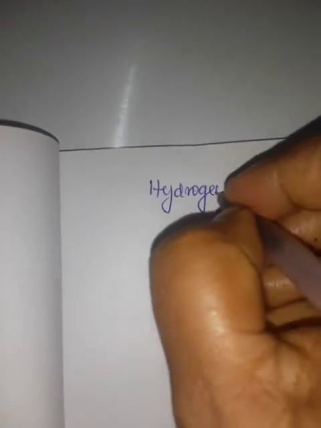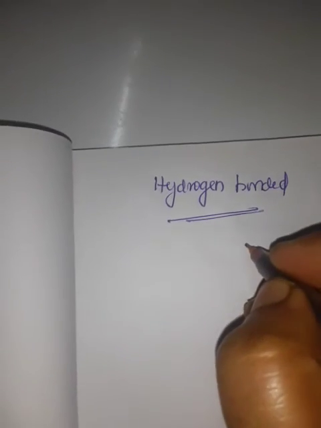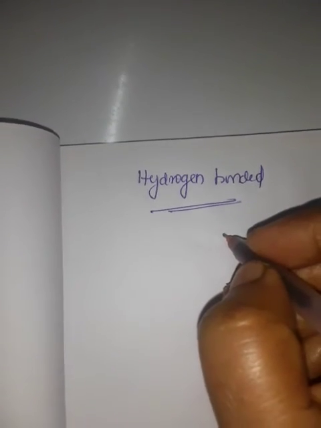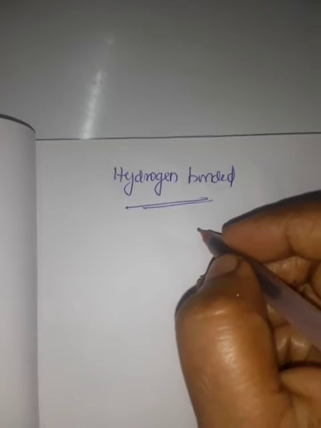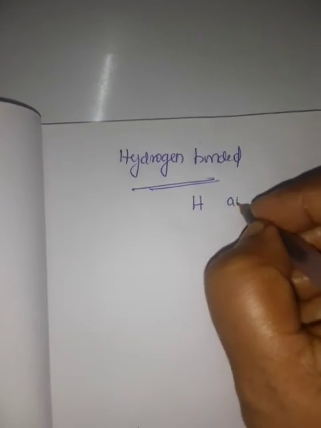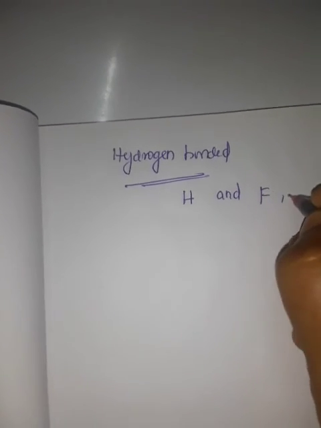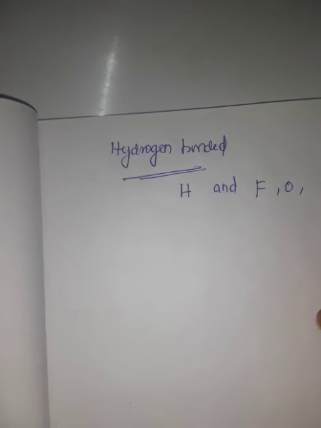The third one is hydrogen bonded molecular solids. These molecules are held together by hydrogen bond, that is polar covalent bond between hydrogen and the more electronegative atoms like fluorine, oxygen, nitrogen atoms.